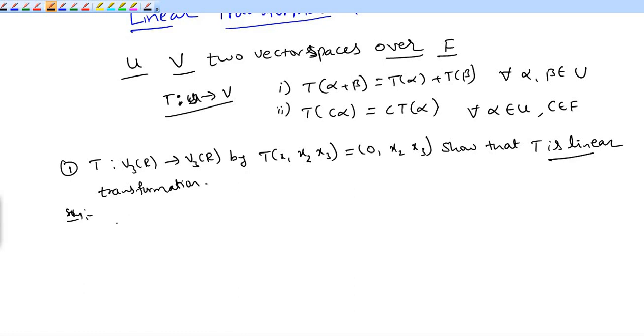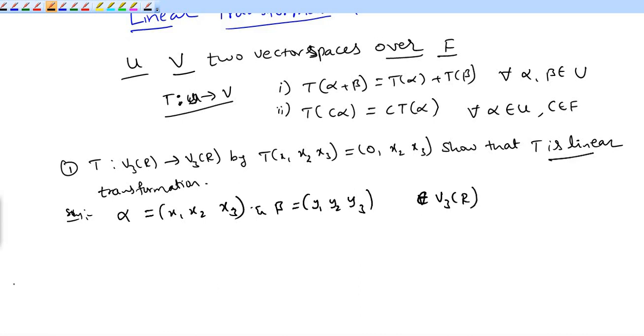So for this, first we consider alpha is equal to x1, x2, x3 and beta is equal to y1, y2 and y3. So all this belongs to V3 of R. Next consider T of alpha plus beta is equal to T of x1, x2, x3 plus y1, y2, y3.